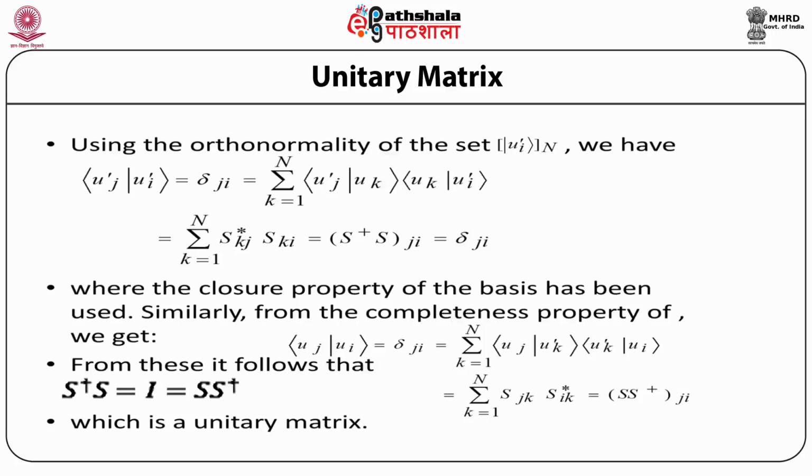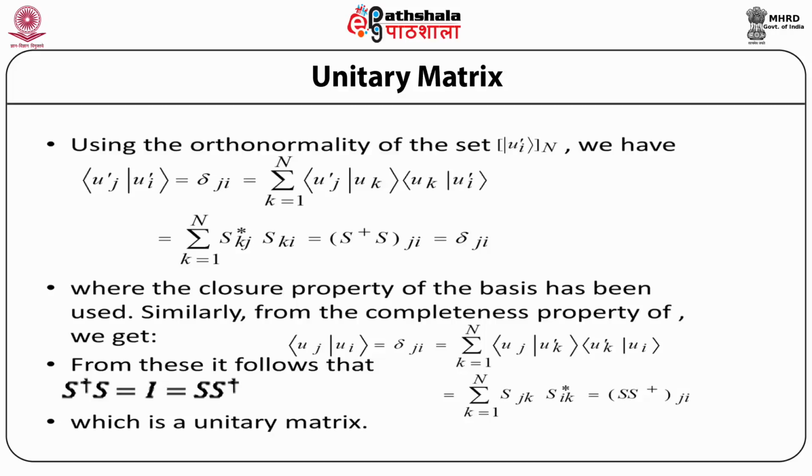So here Sjk and Sik star are the expansion coefficients, where Sik star is the complex conjugate of the expansion coefficient Sik, and S dagger represents the adjoint of the operator S. From this, we see that using the completeness property and also the property of closure, we reach the result that S dagger S is equal to I is equal to S S dagger, where S dagger is the adjoint of the operator S and I is the unitary operator or the unitary matrix.